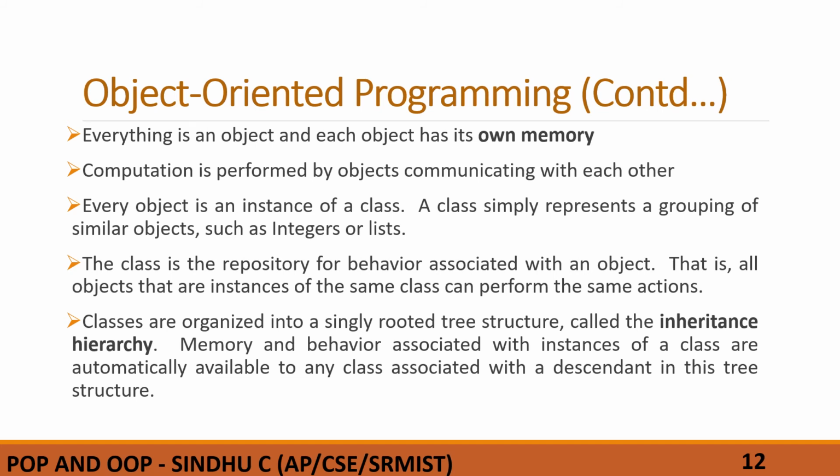If a subclass wants to access an already existing class, you don't have to rewrite the code. You can use the already existing class's operations and data. Memory and behavior associated with instances of a class are automatically available to any class associated with a descendant in this tree structure. That is why we call it inheritance.